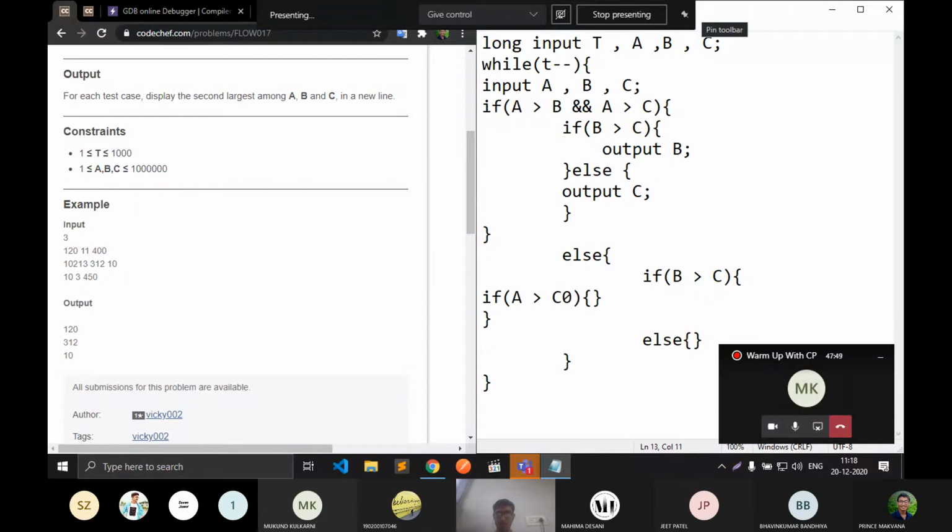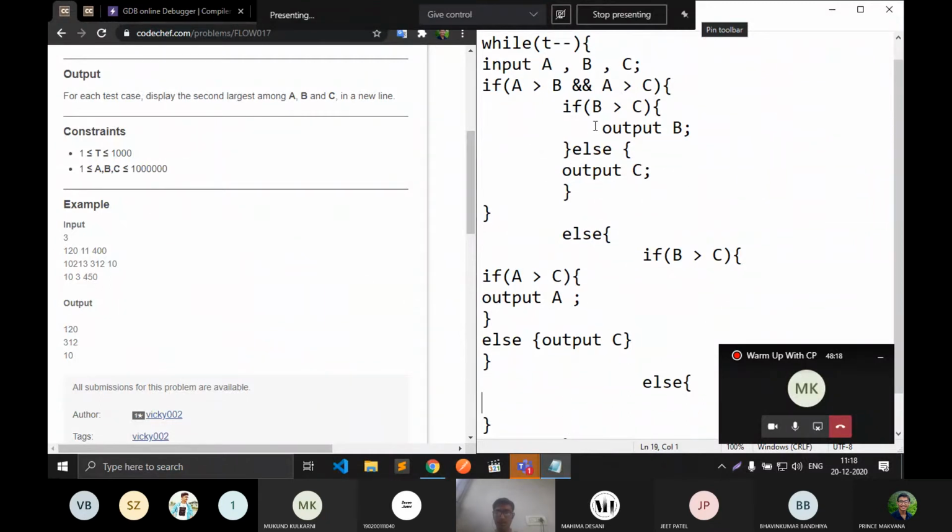It means a is second, so the output is a. Otherwise a is not second, so else our output is c. Okay, done. Yes, it is right.